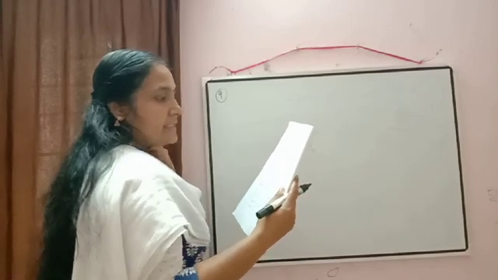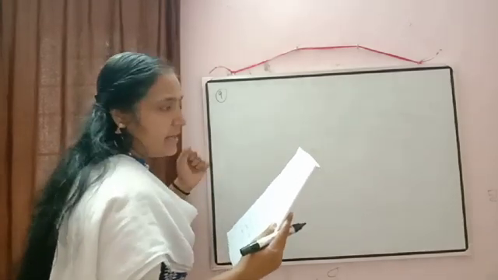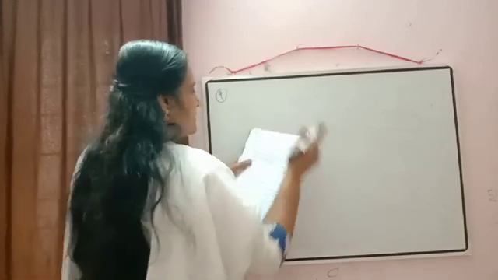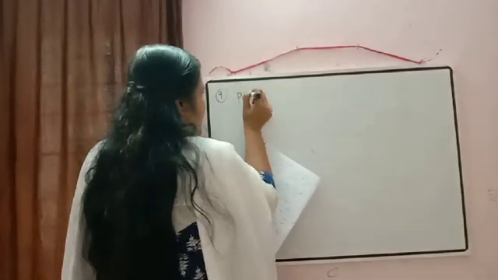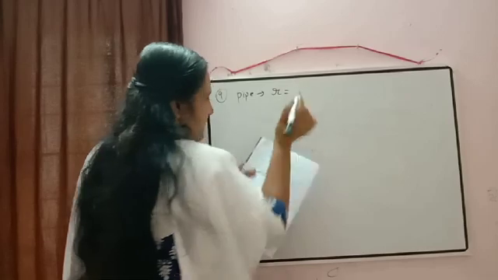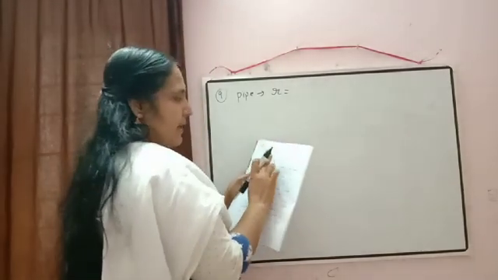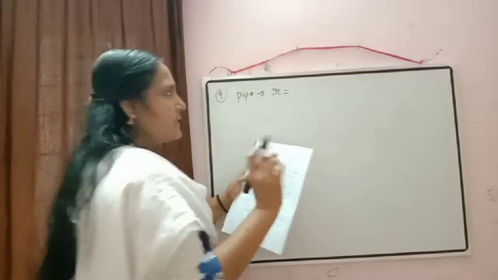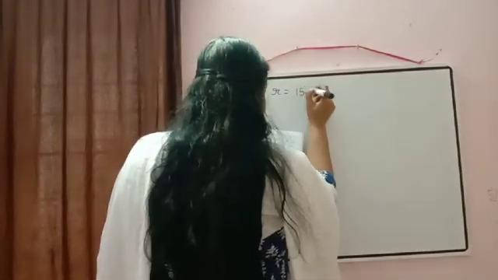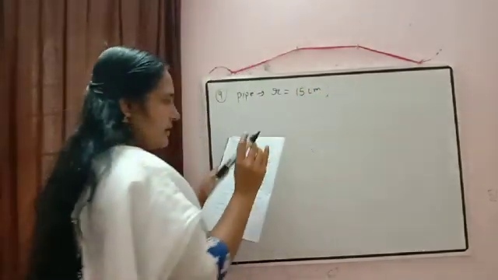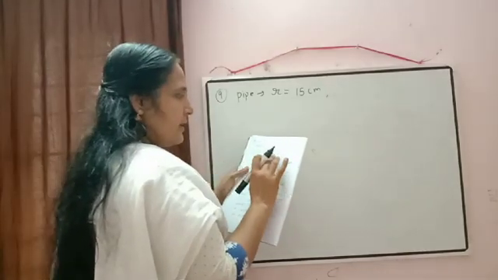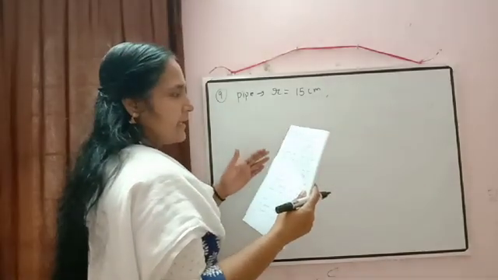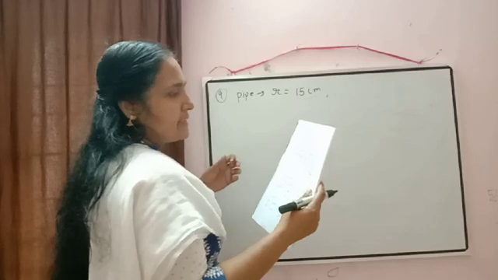In how much time will the tank be filled? So first we have a pipe, correct? And what is the radius of the pipe? The internal diameter is 30 centimeter, so the radius will be equal to 15 centimeter.